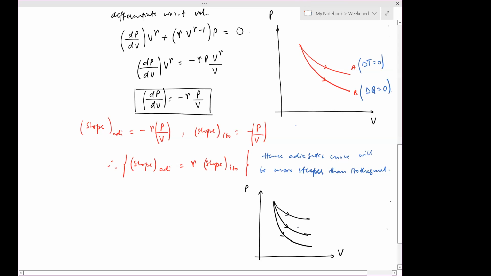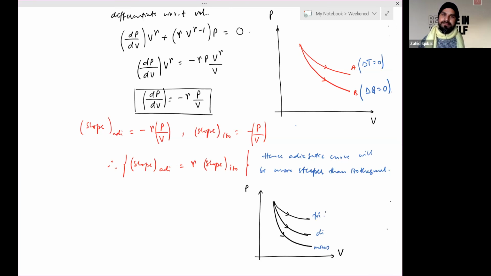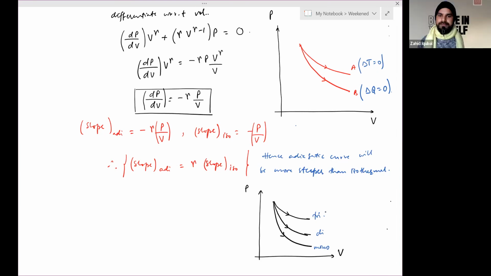So in this part, the more the value of gamma, the steeper the curve. And since monoatomic has the maximum value of gamma, it will be the steepest, then diatomic, then triatomic. Sumaya, is it clear? Yes, sir. Memona, any doubt? No, sir.